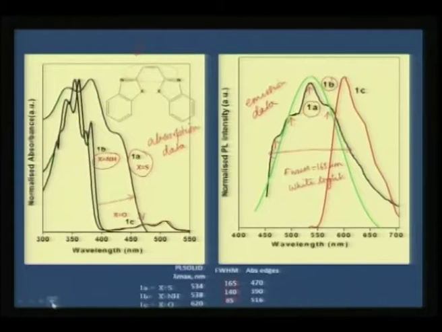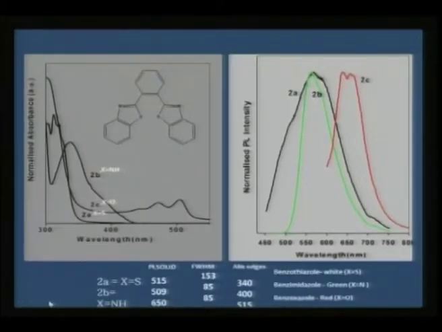Now we will look at another group of compound, the 2 series, where instead of having an alkene linker, you are going to have a phenyl linker. If you have a phenyl linker, then the situation remains the same as far as oxazole is concerned.